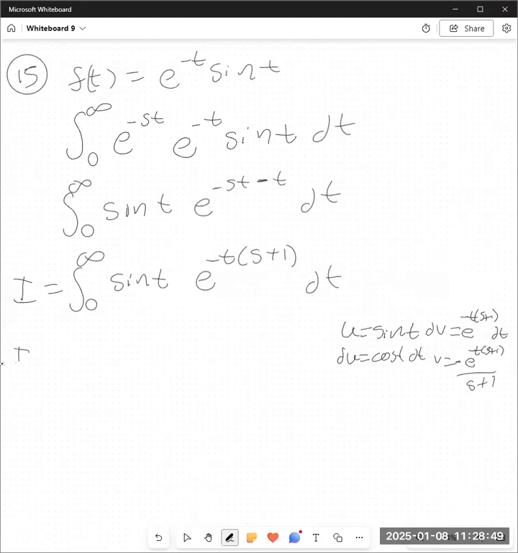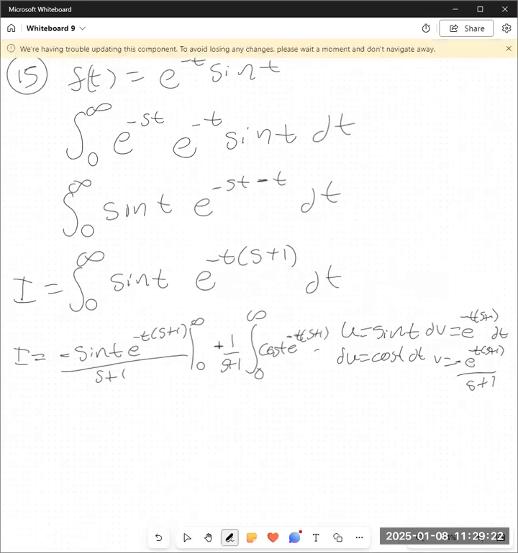So I is going to be equal to uv, so that's negative sine of t e to the negative t times s plus 1 over s plus 1 from 0 to infinity, minus the integral of v du. So this is 1 over s plus 1, 0 to infinity, cosine t e to the negative t times s plus 1 dt, like that.